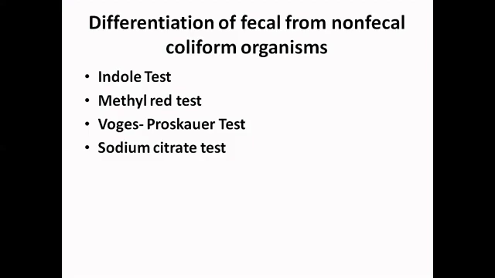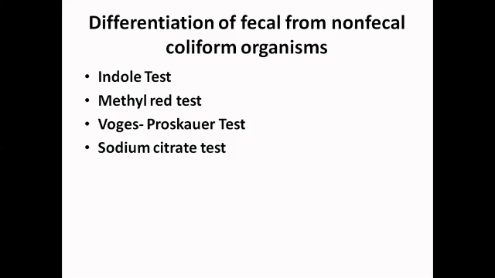The control tube shows a yellowish color due to the unchanged original pH of the medium. Escherichia coli shows methyl red test positive with red coloration, while Enterobacter aerogenes shows a negative test without change in the pH, or a yellowish color.